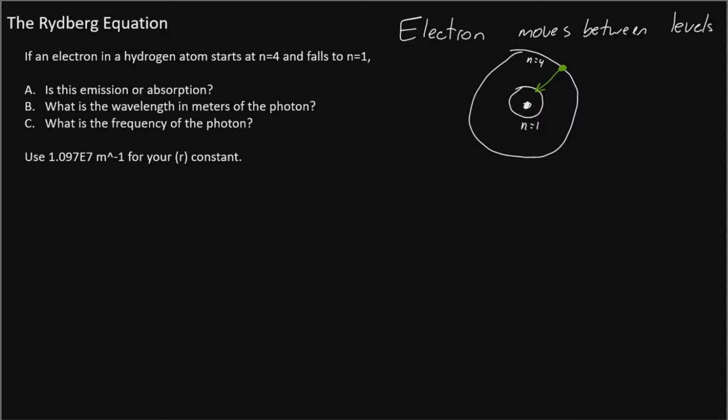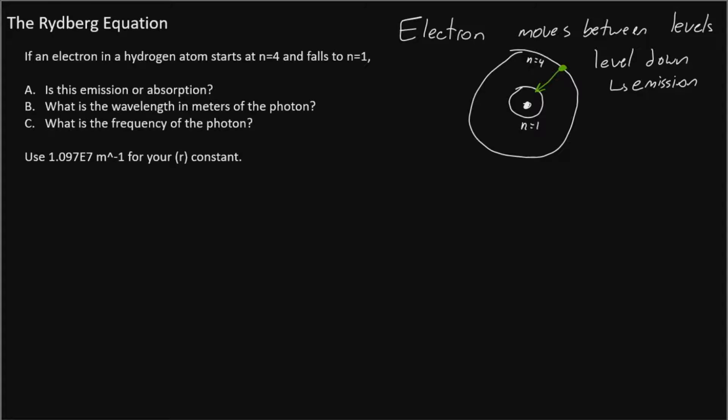Anytime an electron moves, it either releases energy or it takes in energy. Now, if the electron falls in level, that is, if its level goes down, that means it will release energy or emit energy. This is called an emission.